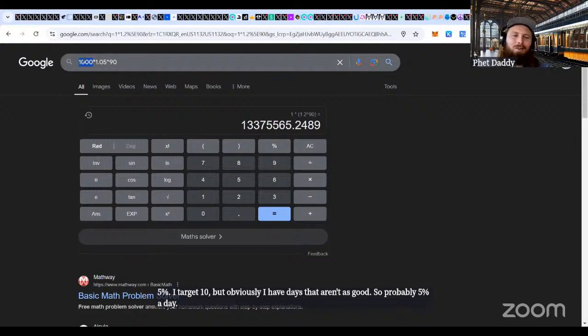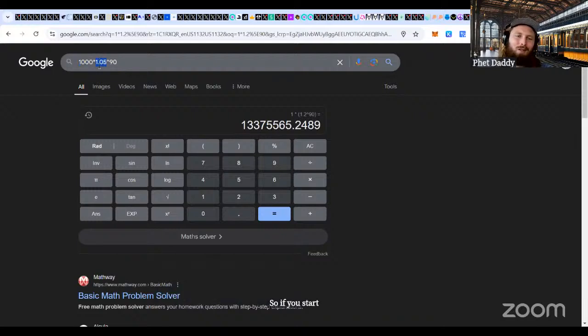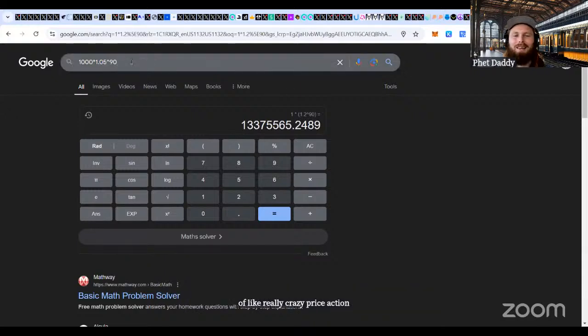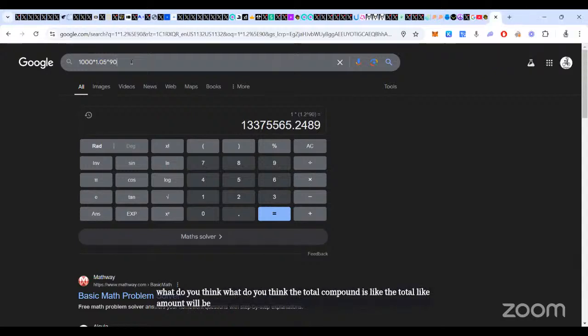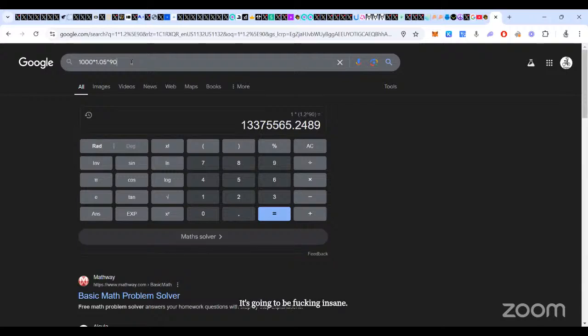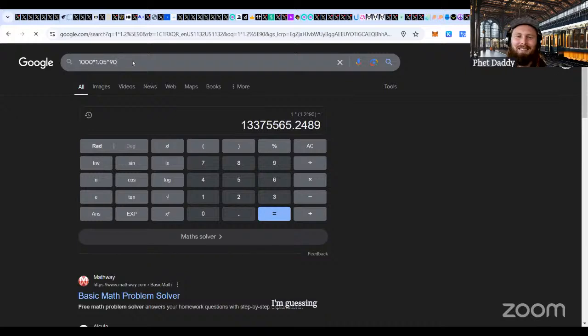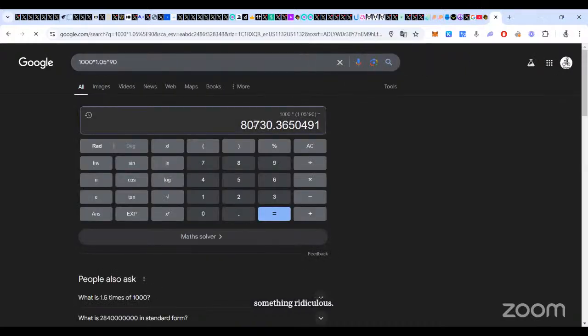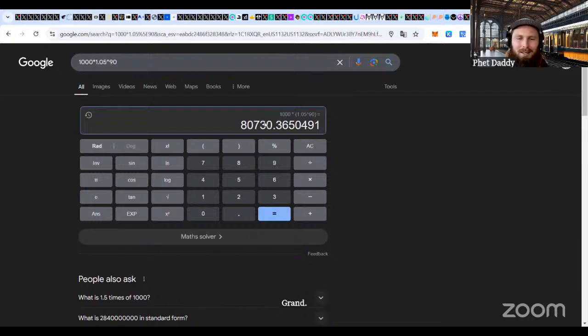If you start with $1,000 and you're averaging 5% a day, and we're assuming we have 90 days of really crazy price action, what do you think the total compounded amount will be? It's going to be insane, that's going to be huge. I'm guessing like 7 million, something ridiculous. Oh, 80 grand. That's a lot less than I thought it would be.